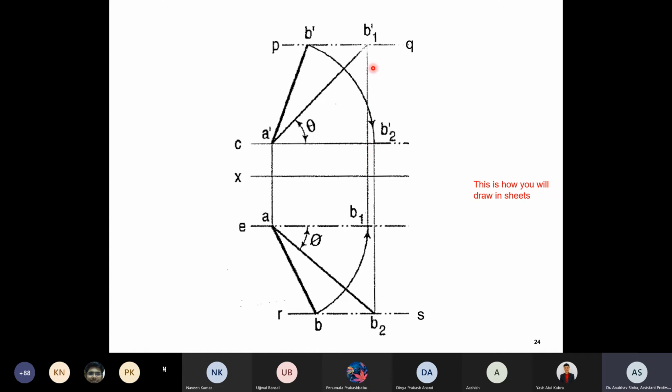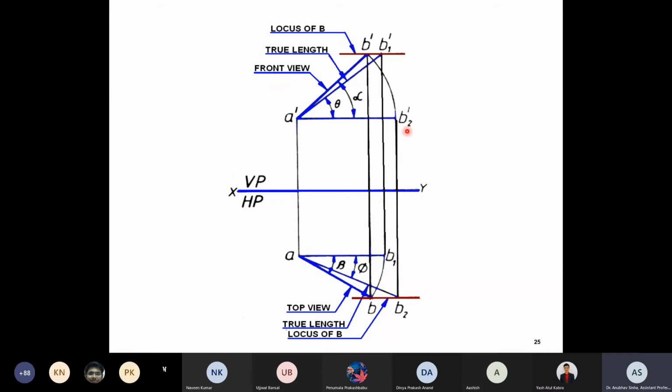Draw an arc, make this line, that will give you this final result. Okay, again the same diagram, I've just labeled it. So basically you can look at the front view, how it will look like, what is the true length, and this is the locus of this point B. This is the locus of B in top view. This is how it will look in top view, and this is the true length.